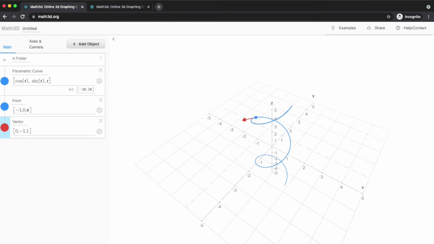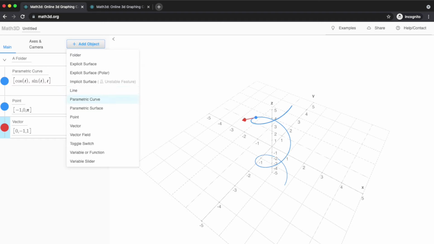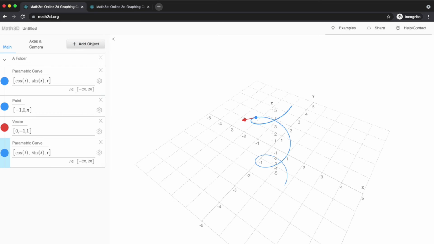Now I'd like to construct the line, so we'll construct a parametrized curve. This is going to be our tangent line, so we'll write this in just to remind myself that this particular parametrized curve is the tangent line. Maybe we'll change its color to green. What is our equation for our tangent line? We worked that out.